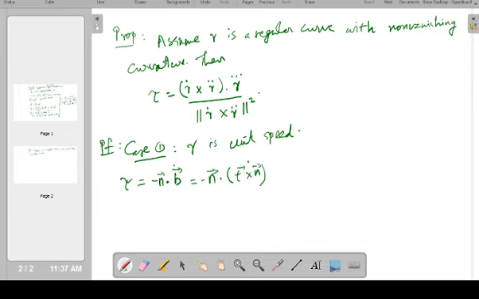its derivative with respect to that unit speed parameter. It may be arc length or anything else. So it is minus n inner product with t dot cross n plus t cross n dot.